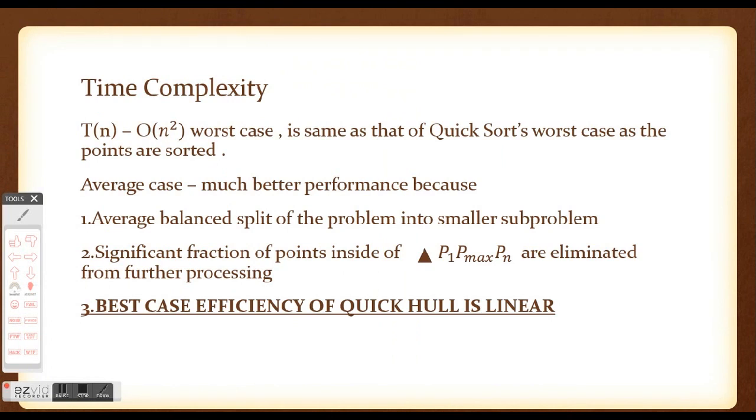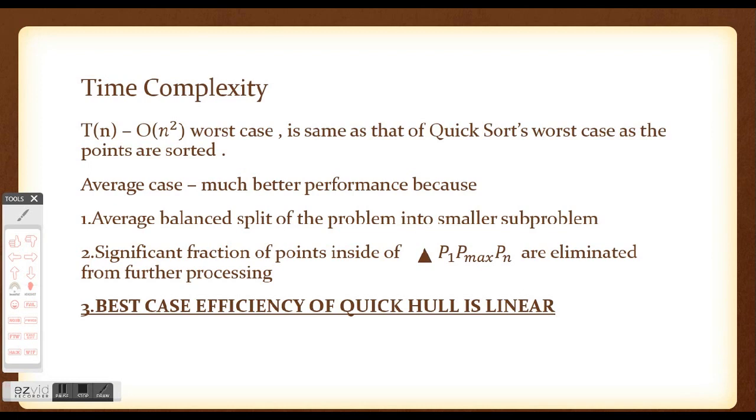The time complexity of the convex hull problem using the divide and conquer technique depends upon the sorting algorithm that we use to sort the points based on the x coordinate and sometimes on the y coordinate. If we use a quick sort algorithm, the worst case of the quick hull algorithm is the same as the worst case of the quick sort algorithm, that is big O of n square, and this is not the case always. For an average case, the performance becomes much better due to two reasons.